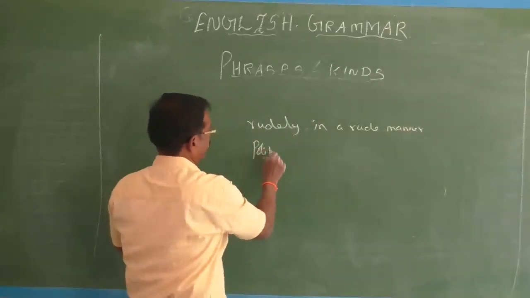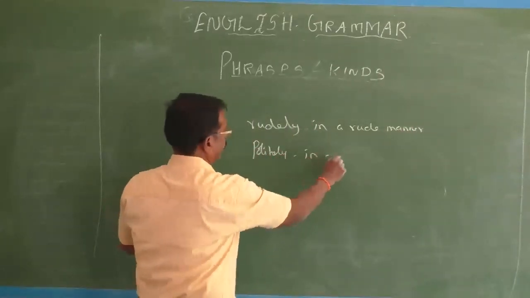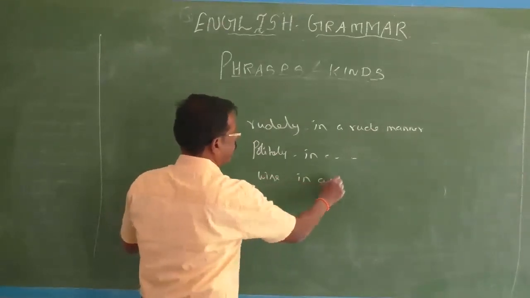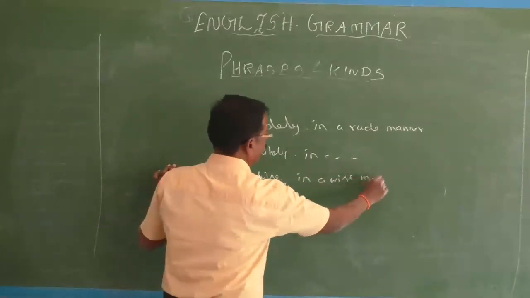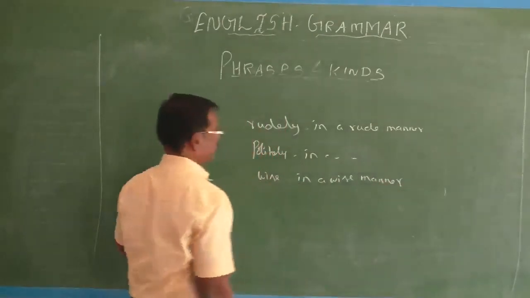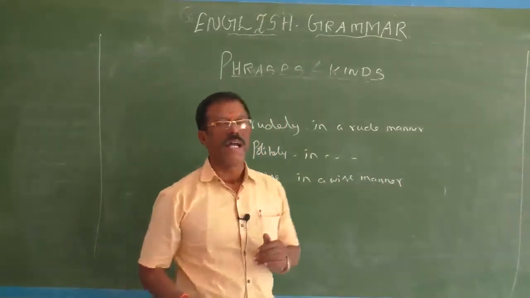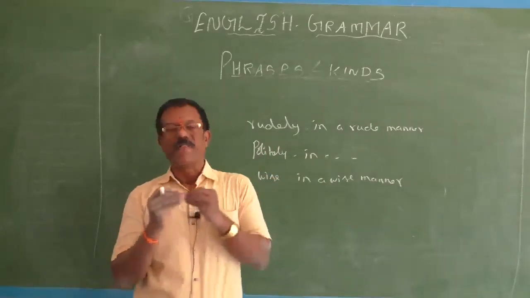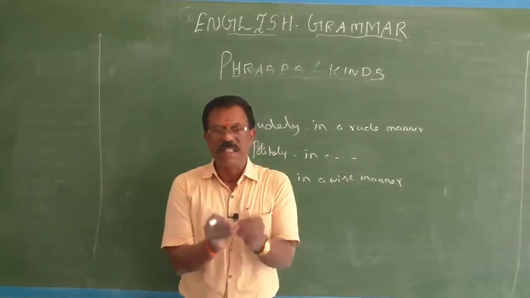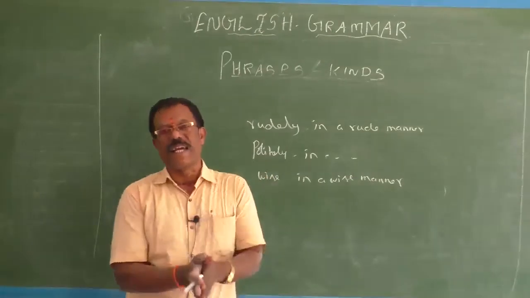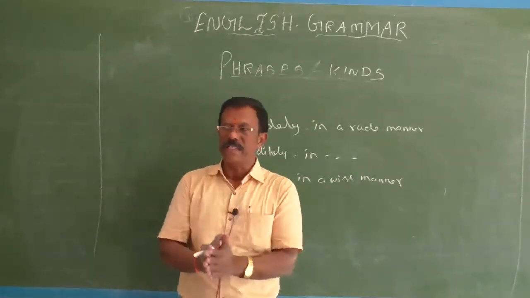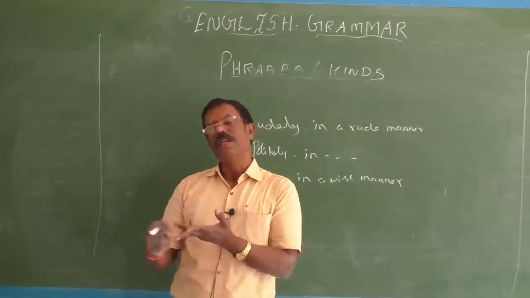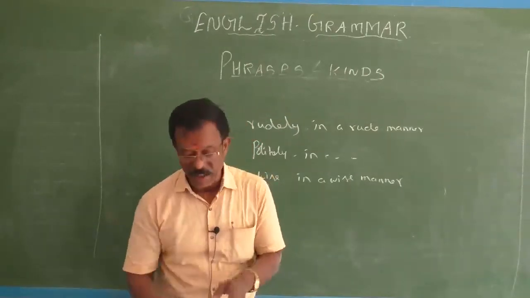Politely. In a polite manner. Wisely. In a wise manner. So in this way, you can expand an adverb into an adverb phrase. So what is the function of an adverb phrase? An adverb phrase does the function of an adverb in a sentence. It modifies a verb, it modifies an adjective, it modifies another adverb.